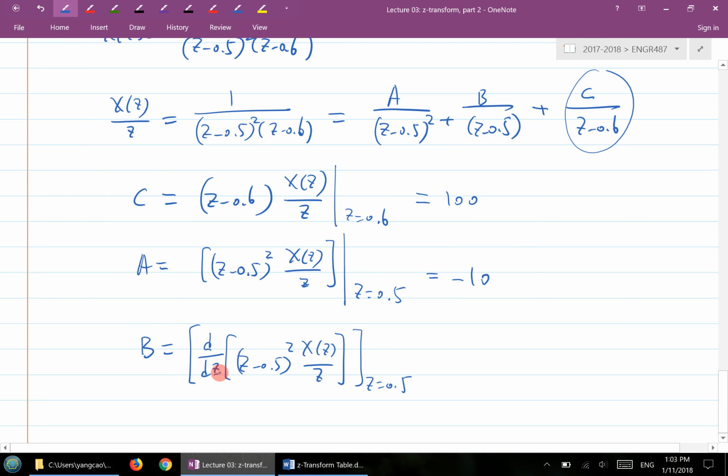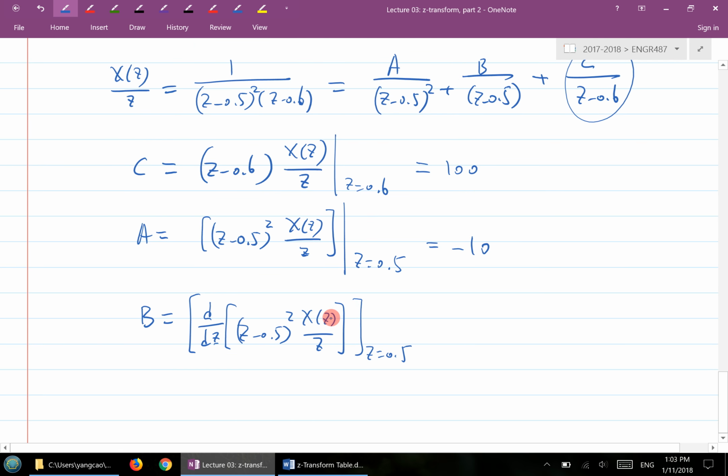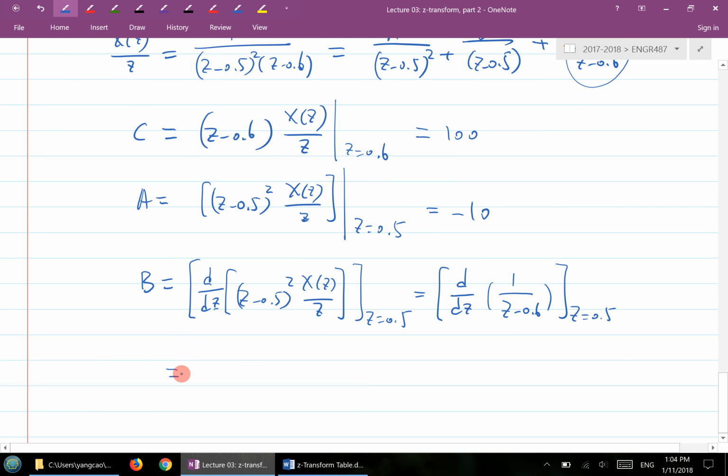Let's be careful here. Actually, I didn't write down the results here, so let's try it together. When we do the multiplication here, we get basically 1 over z. Then we do a first order derivative of this fraction. What does that give us? We get negative 1 over z squared, the derivative of that.